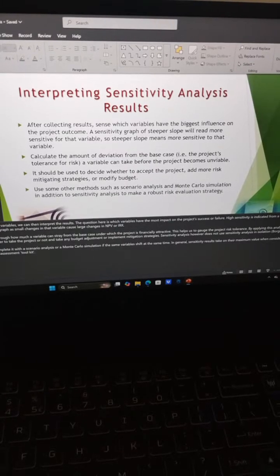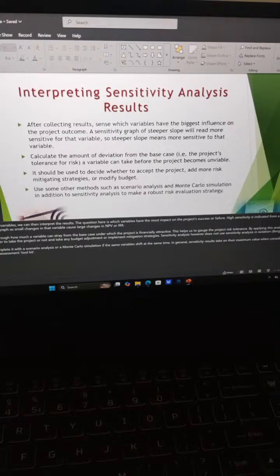Each variable is going to be depicted based on whatever's happening in the project, so different outcomes are going to mean different things. I'm just spitballing here, freelancing. So moving back to the slide, we'll calculate the amount of deviation from the base case, i.e. the project's tolerance for risk.